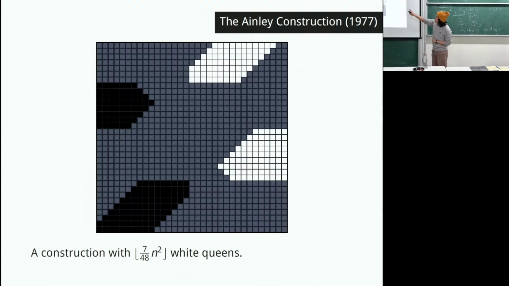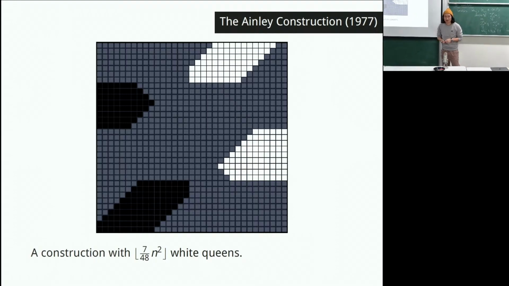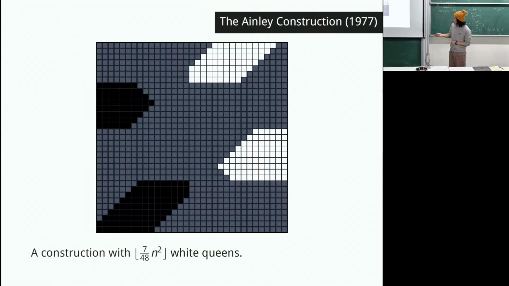So you place white and black queens like that. This is a construction that works for all n, and if you count, you cover quadratically many squares, 7/48 of the total number of squares. So this is a construction that gets you 7/48 n squared white queens.